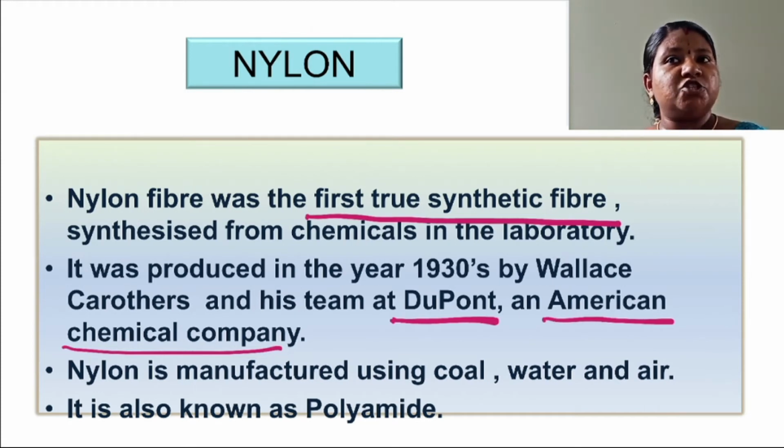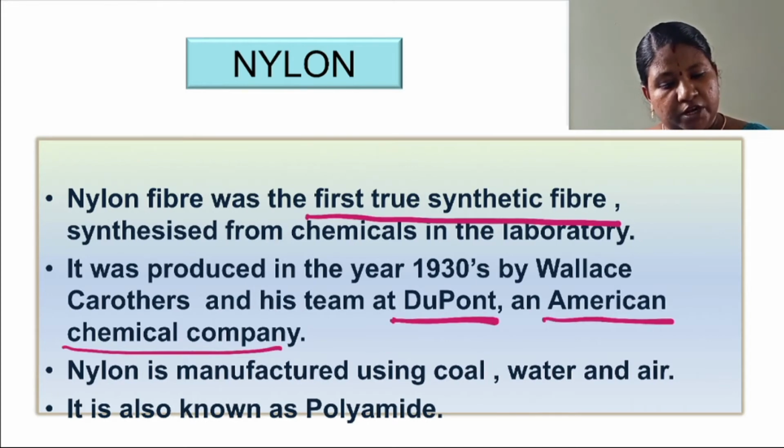But in the 19th century, especially at the time of the Second World War, people had the great thought of preparing fibers in the laboratory. So nylon was the first fiber which was synthesized for the first time. We can call nylon the first true synthetic fiber, prepared in the laboratory purely using chemicals.